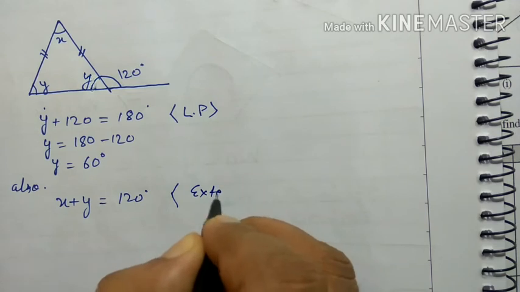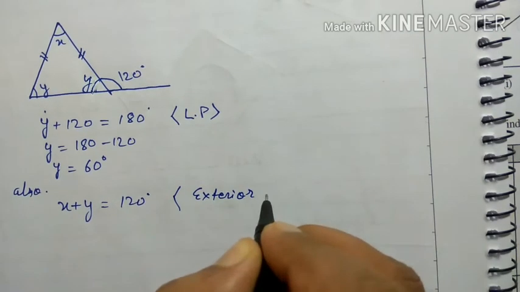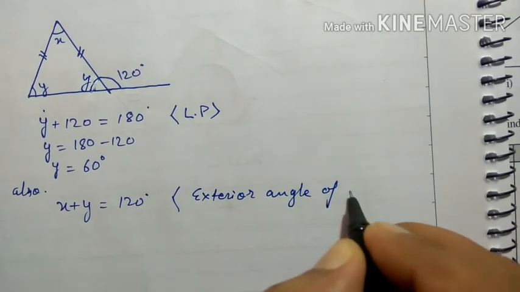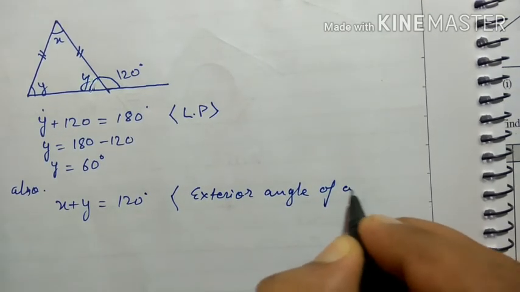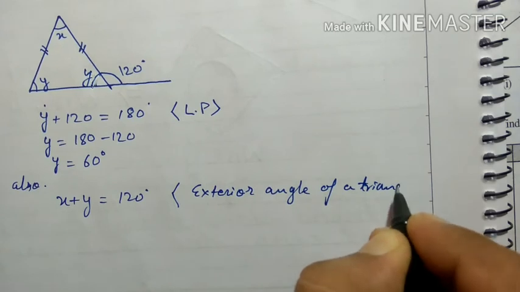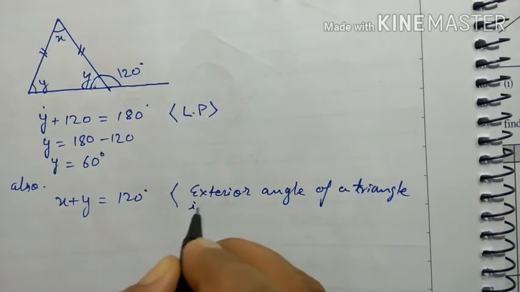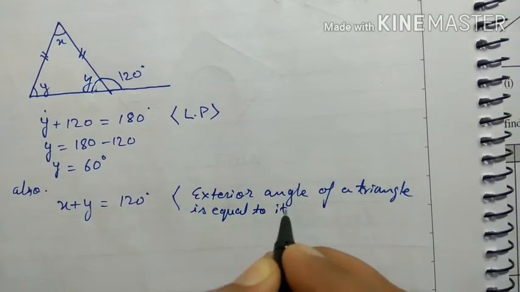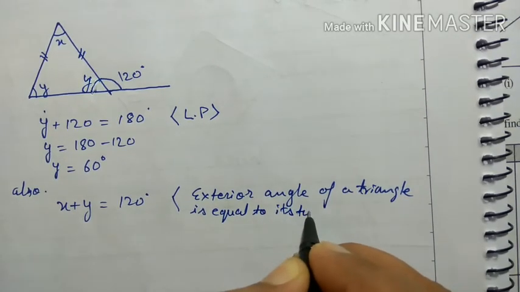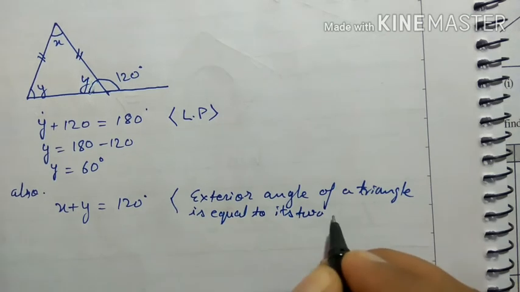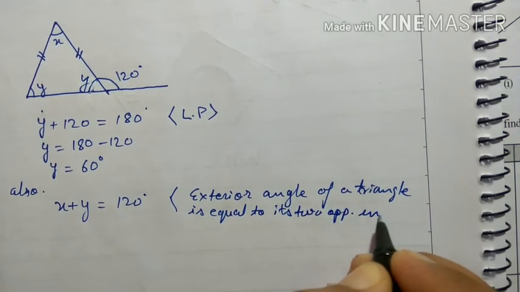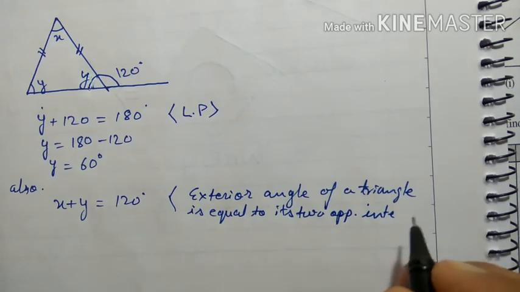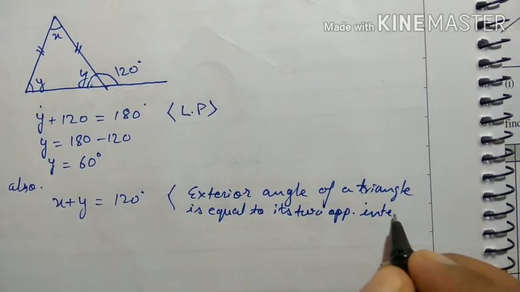Here we write the reason: exterior angle property. The exterior angle of a triangle is equal to its two opposite interior angles.